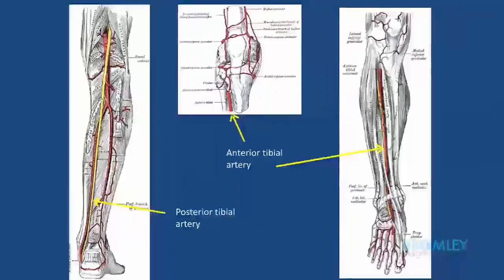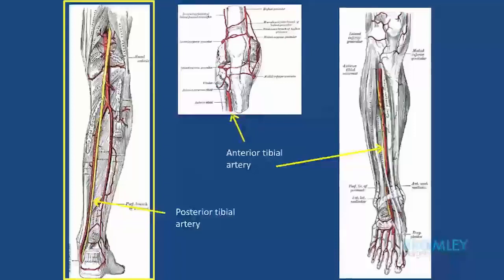If we look now at this diagram, which shows the arterial supply in the lower leg, and start off with the left-hand panel, we can see here the femoral artery as it's wound round medially around the femur, just appearing between the heads of the hamstring muscles at the top and becoming the popliteal artery, running down the middle of the knee before dividing just below it.